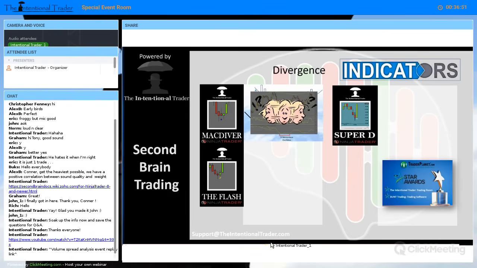Divergence has always been there, but it's always been really confusing. I tried trading divergence many, many years ago when I was a struggling trader, and I heard about it, and I saw some guy talking about it, and I tried to do it, and I just couldn't. I was always missing it or misreading it or whatever.